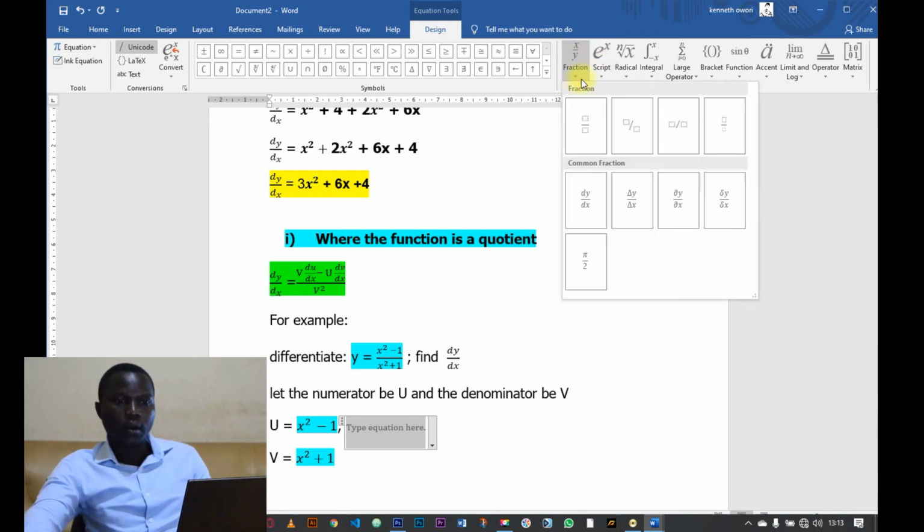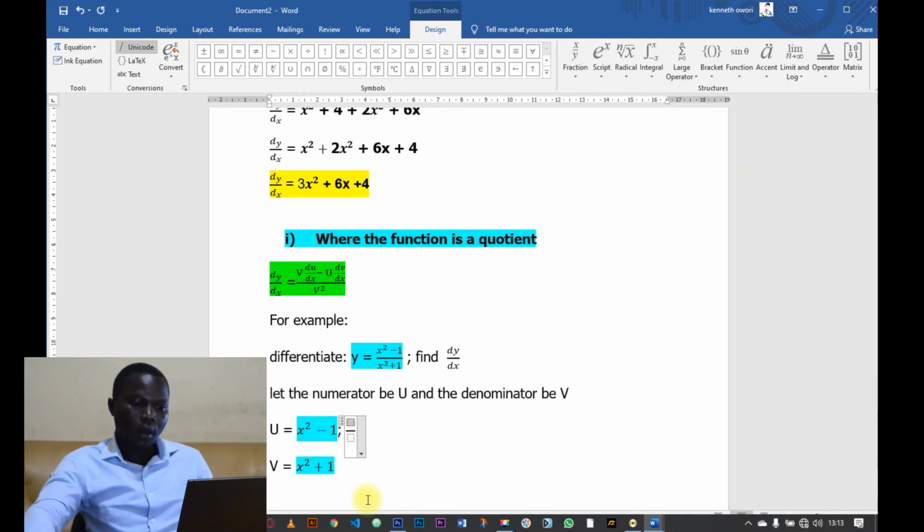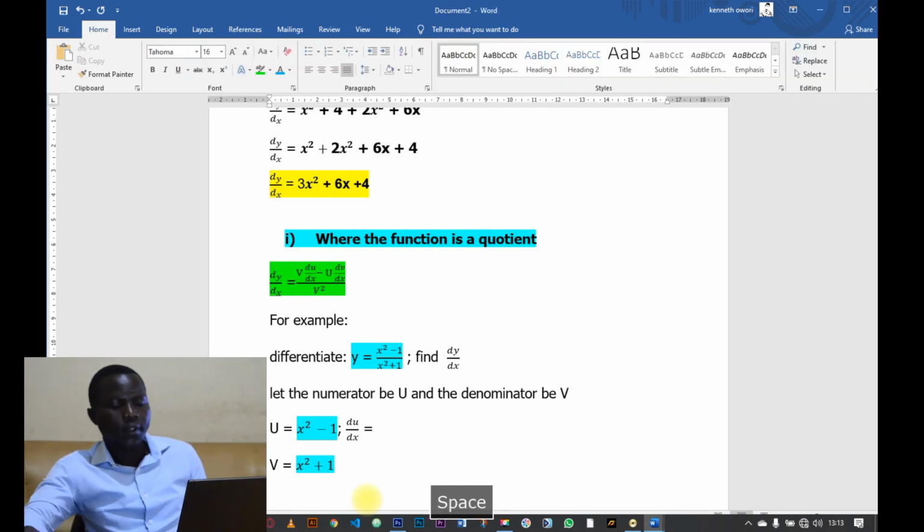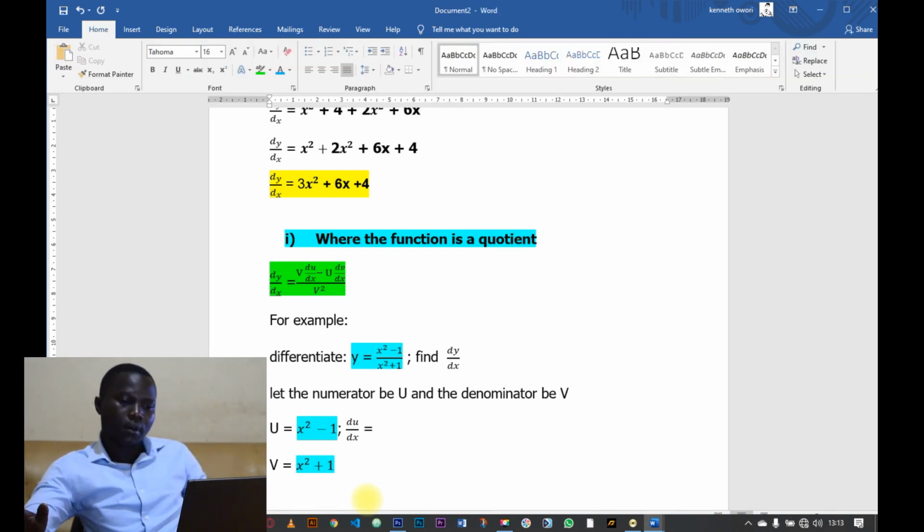So our du/dx would be, if you differentiate x squared as we've been following, we get 2x.